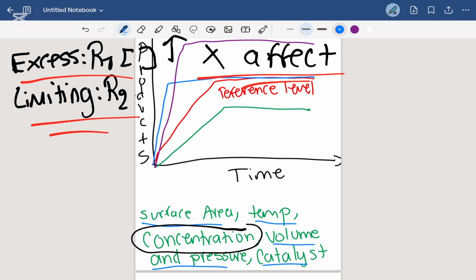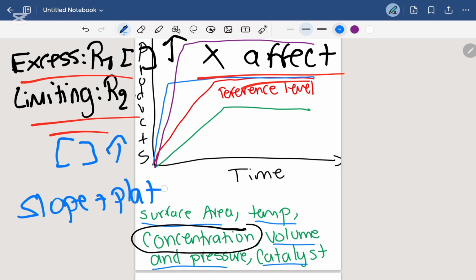However, if we increase the concentration of the limiting reagent, then we are increasing the amount that can be produced. So definitely not only the slope, but also the plateau will be affected. So again, if we increase the concentration of excess, it will not do anything but give us more excess.